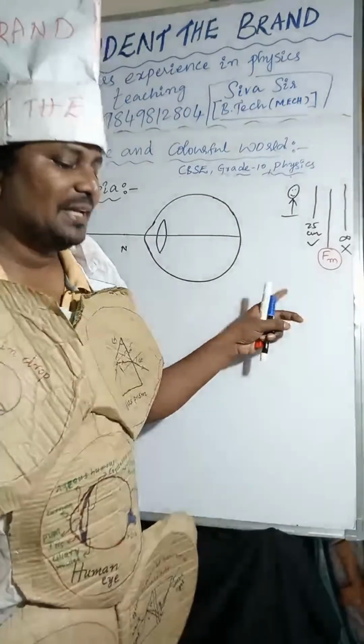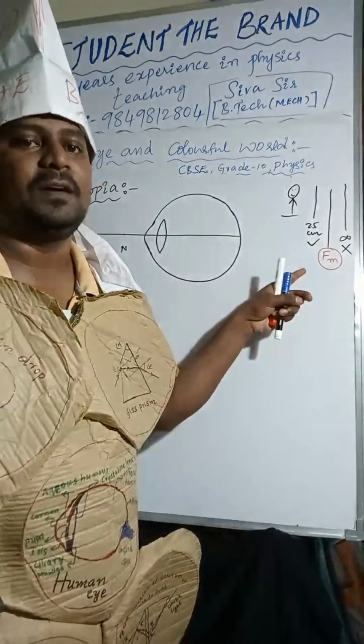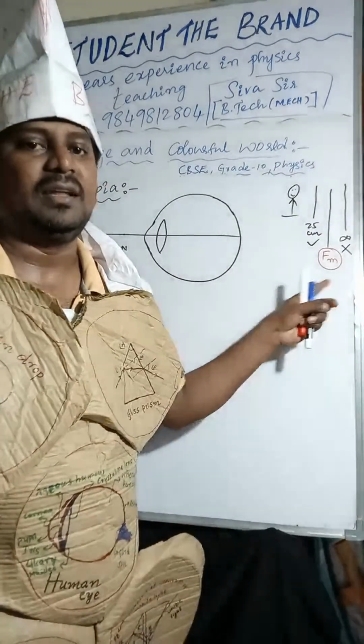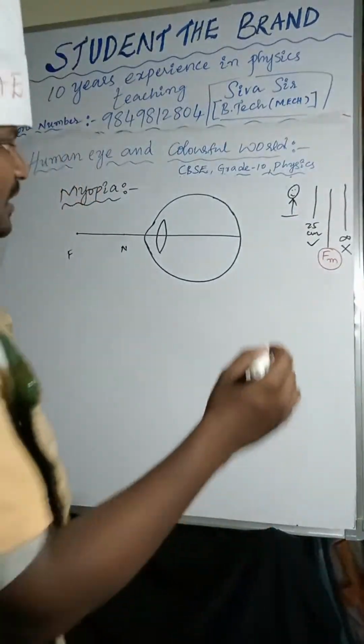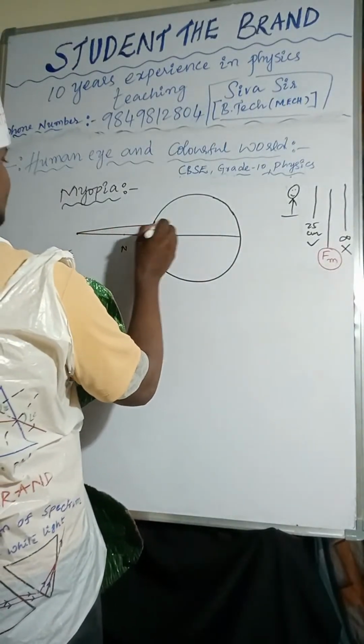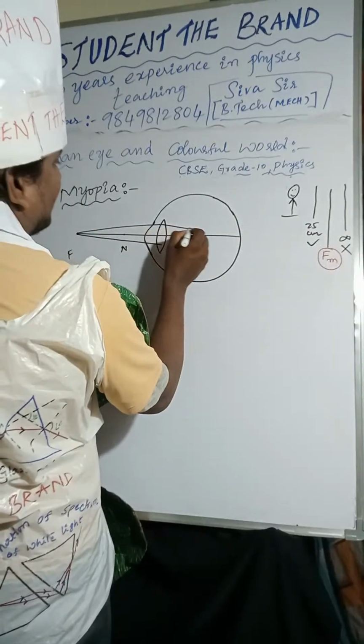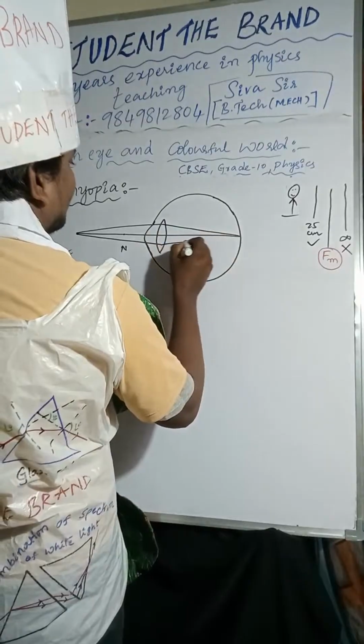Thank you. So here you can see I am taking the far point of a myopic person, which is less than infinity. I am taking it from this point, and from here the letters are incident.